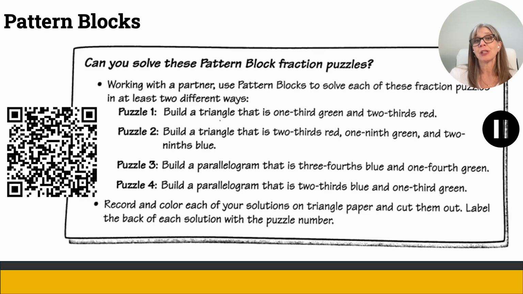The exploration is really the interesting part. So maybe try to find somebody to do them with, a partner, a child. It's really a fun exploration. If for any reason the QR code doesn't work or the link is broken, a quick Google search for virtual pattern blocks will help you find a replacement. If you happen to have pattern blocks lying around at home like I do, then use those.